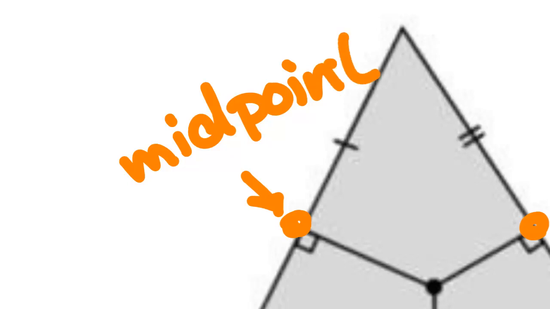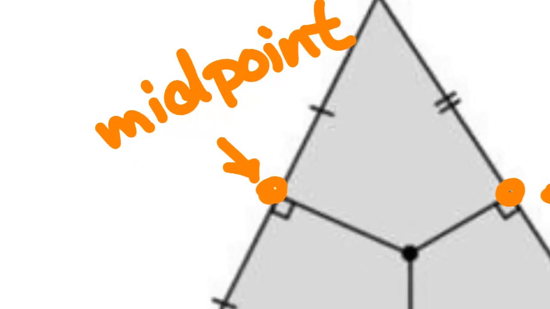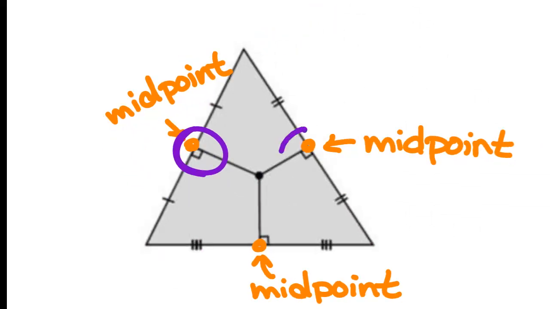But this picture has something that the one above it didn't. At those midpoints, I see right angle marks. What's another word that comes to mind when you see those right angle marks? Perpendicular. And what do midpoints do to sides of triangles? Cuts them in half. Give me another word that means to cut in half. Bisect. So what are these segments? Perpendicular bisectors.